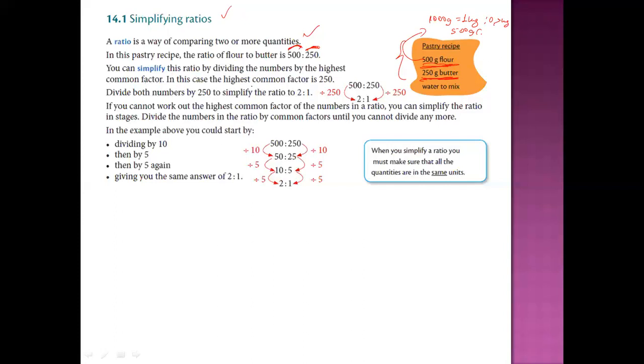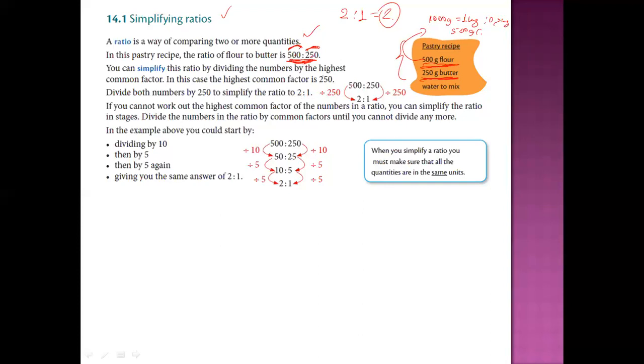In this case, the highest common factor is 250, because both numbers are divisible by 250. When you divide 500 by 250, you will get 2, and 250 by 250 is 1. So the ratio of flour to butter is 2 to 1. So divide both numbers by 250 to simplify the ratio.